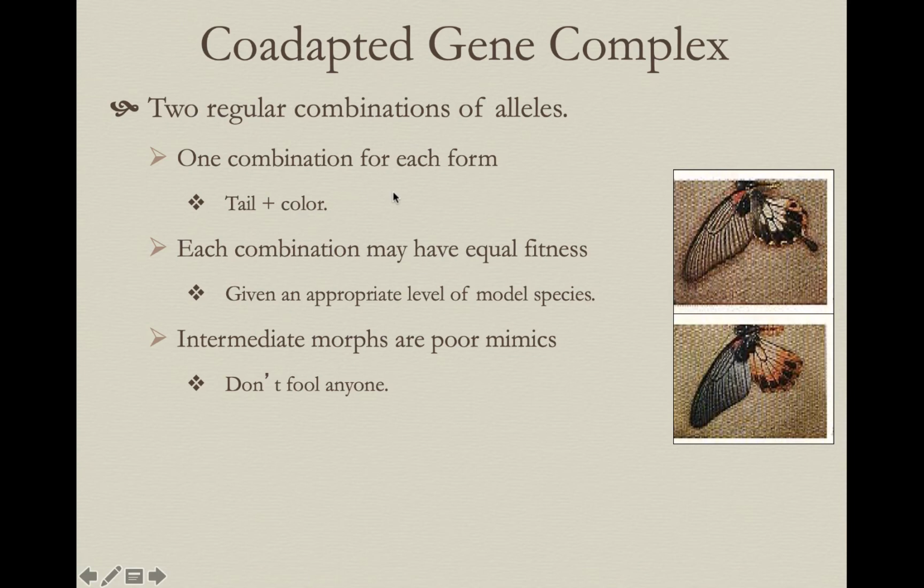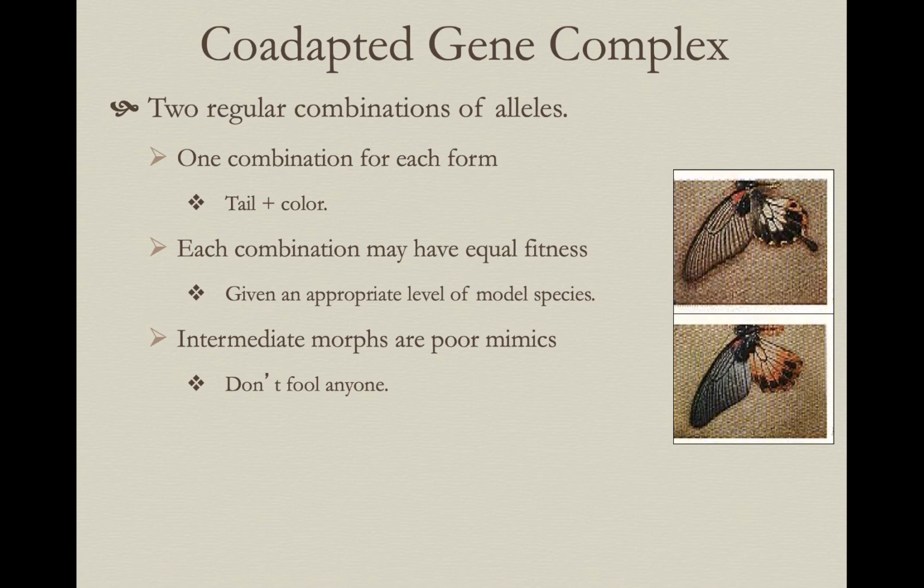The other one has the tailless form with that other color and pattern. And each of these combinations may have equal fitness in the population. So as long as there are enough model species of each type and they're being represented in those proportions, then they're great. They're modeling one species or the other, and they're tricking birds and other predators into not eating them because they think that they taste bad.